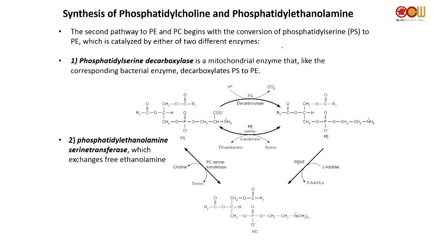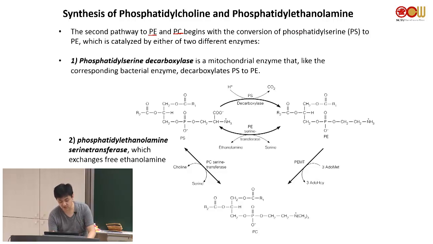The synthesis of phosphatidylcholine and phosphatidylethanolamine, they can actually interchange. Okay, so the second pathway to PE and PC actually starts with the conversion of PS to PE. Okay, so we saw that PE is derived from PS.